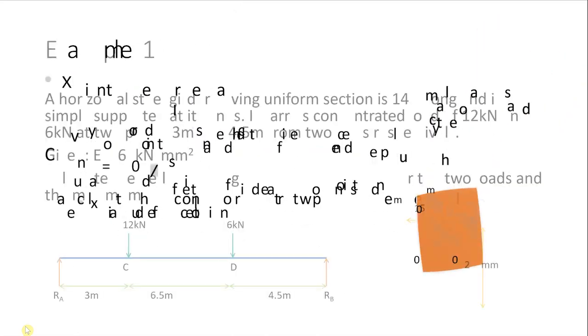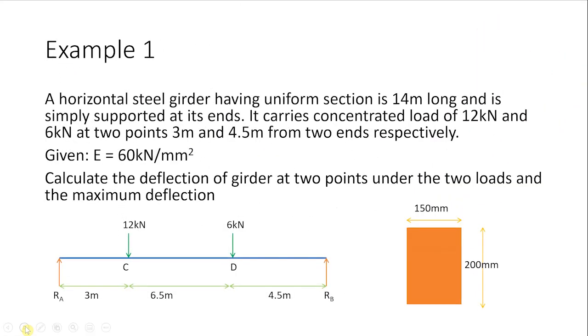And then we're going to look at example number 1. A horizontal steel girder having uniform section is 14 meter long. Panjang this whole beam is 14 meter. And is simply supported at its end. Jadi this is simply supported beam because you nampak ada dua support hujung ke hujung.